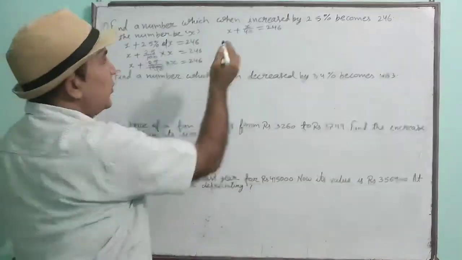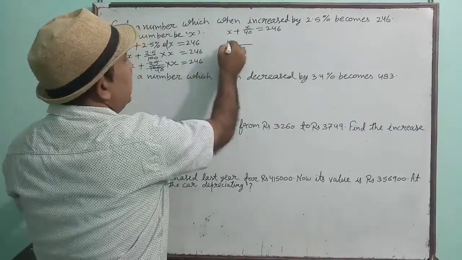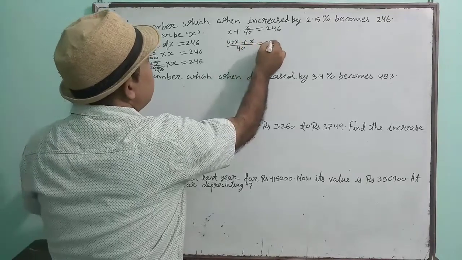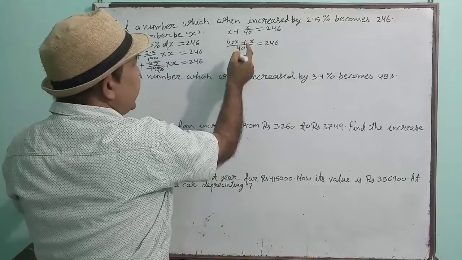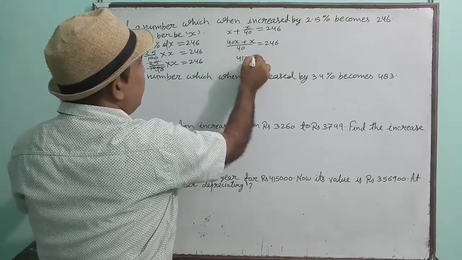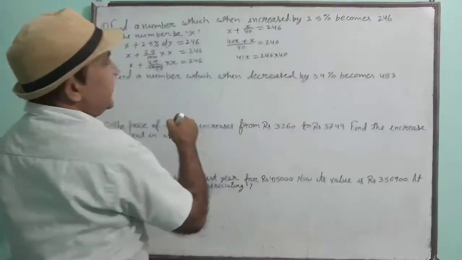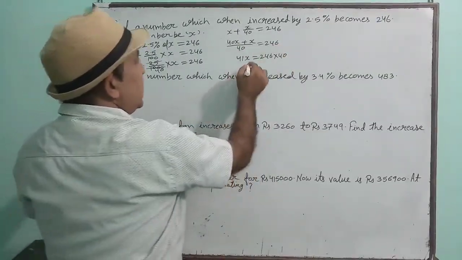Now solve and get your answer. Take your LCM here, 40. It will become 40x plus x is equal to 246. 40x plus x is 41x is equal to 246 into 40. This 40 is cross multiplied here.